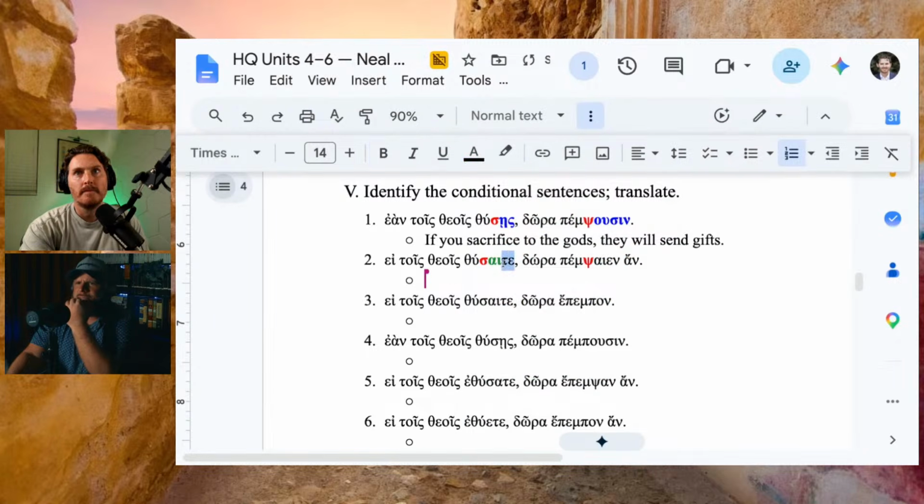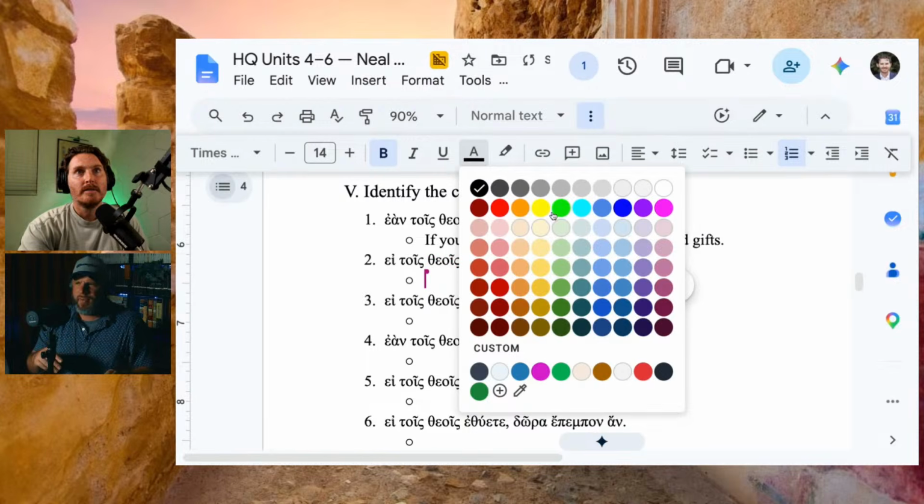We got a dative too. It almost doesn't even matter what the noun is, because it's the last thing you have to worry about when you're doing these. You're pretty good with the dative at this point.